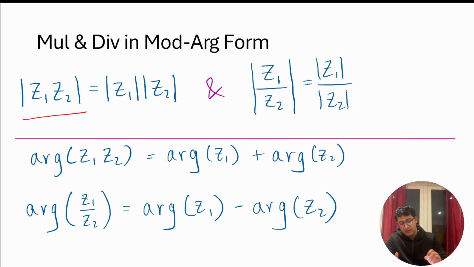Done. Similarly, when you're trying to work out the argument of z1 times z2, you just add the arguments of the individual complex numbers together, and when you're dividing them, you subtract the arguments of the individual complex numbers.